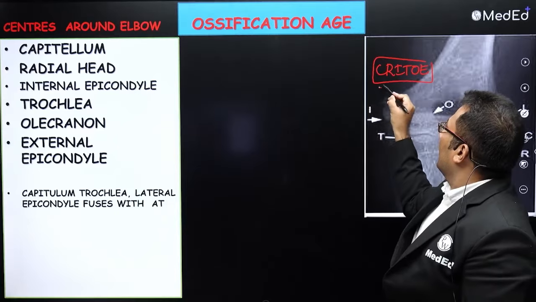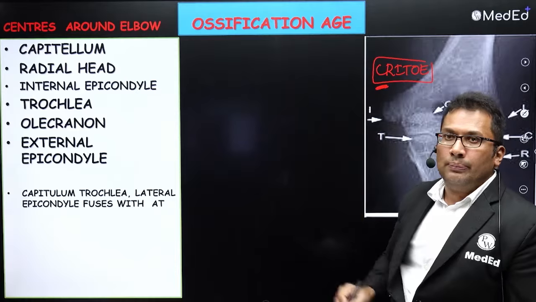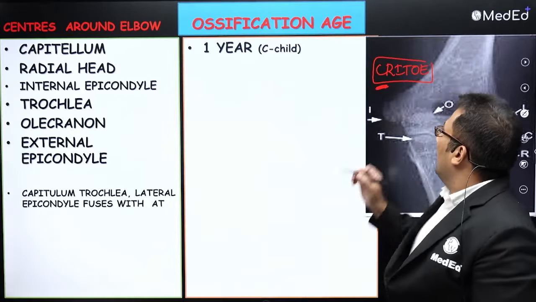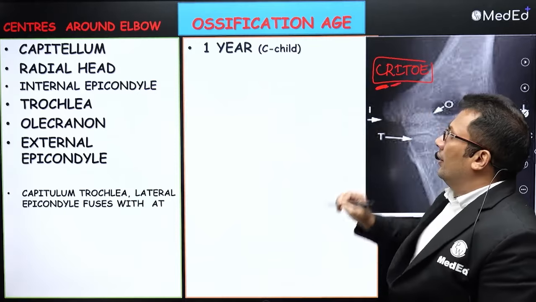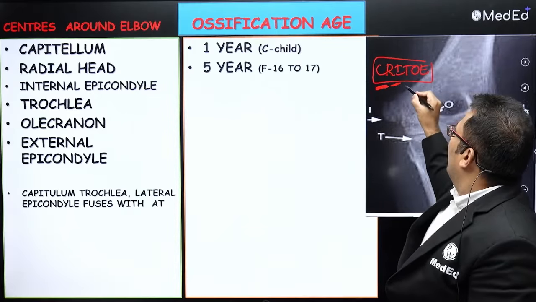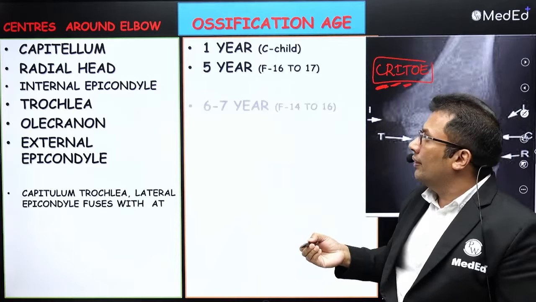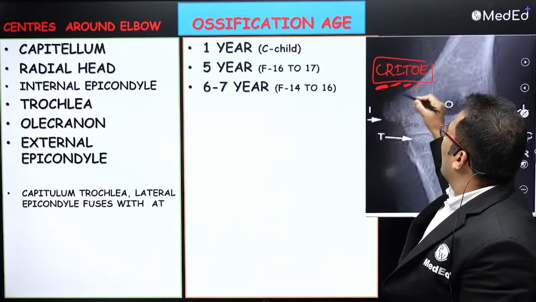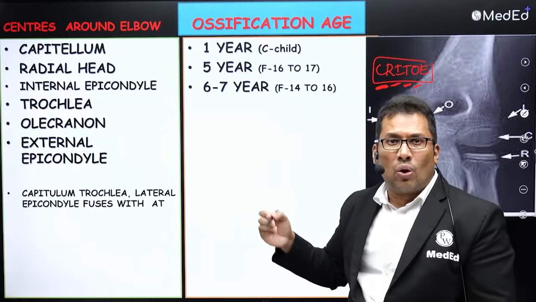C for capitulum, that is 1 year. R for radial head, 5 years. I for internal epicondyle, 6 to 7 years. T for trochlea, 10 years.